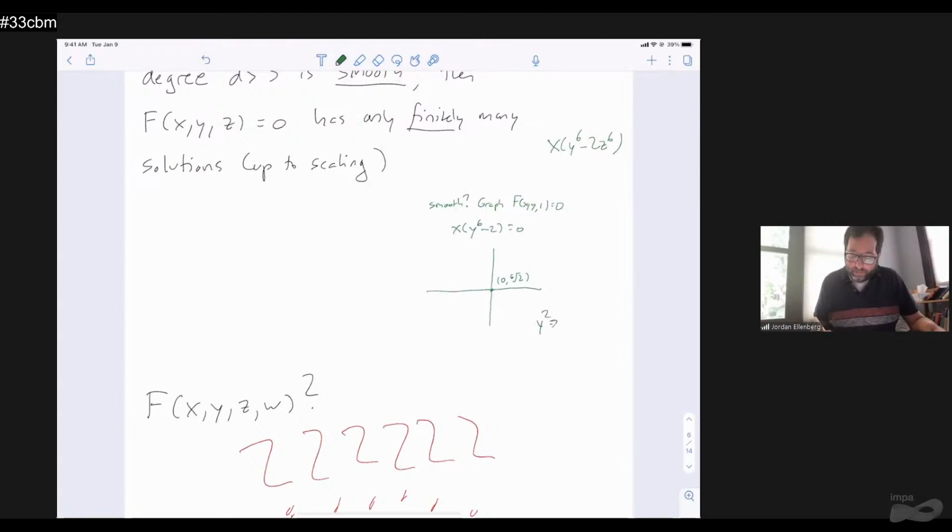Here's an example of degree 3: y squared z equals x cubed plus z cubed. If we set z equal to 1, you would have y squared equals x cubed plus 1. And that's a very nice cubic curve, this kind of nice, smooth elliptic curve that we all like to draw.